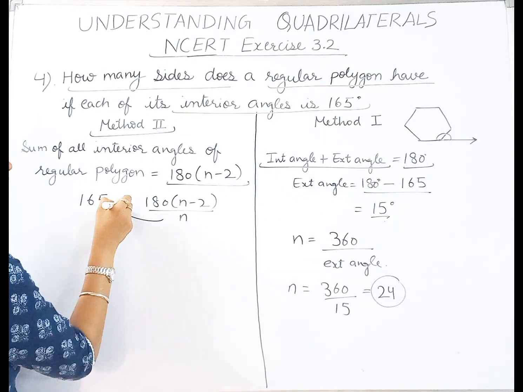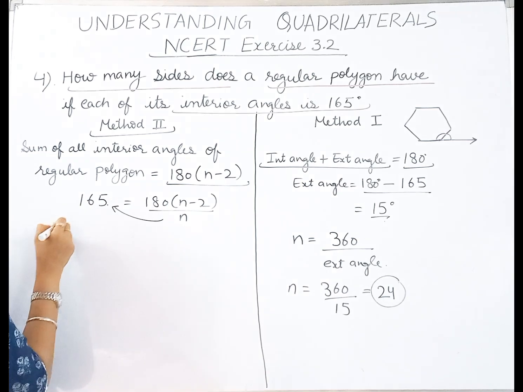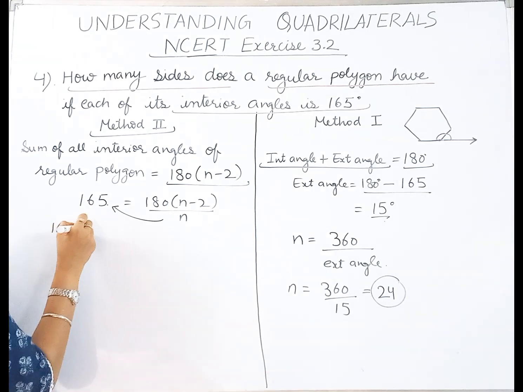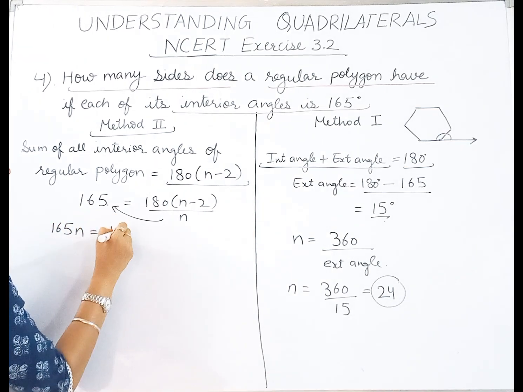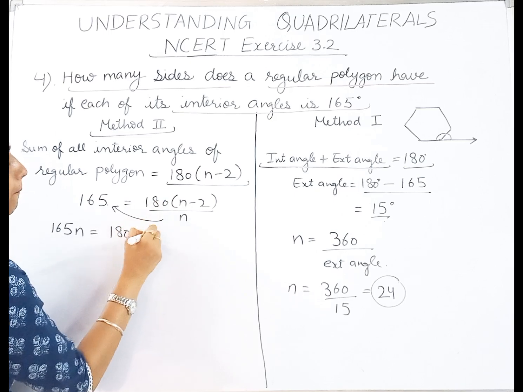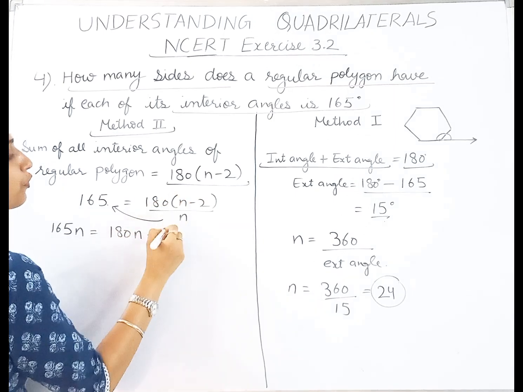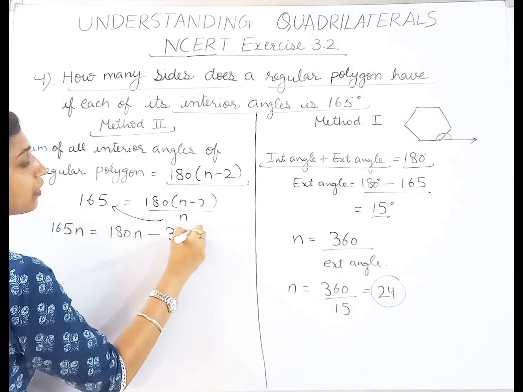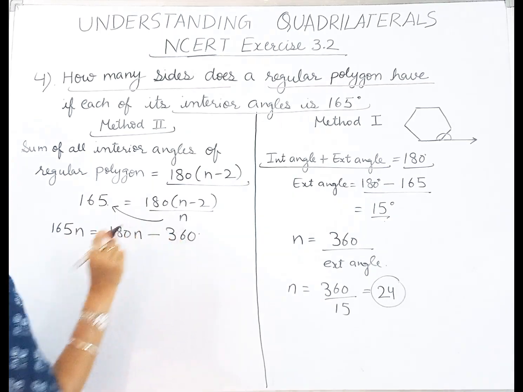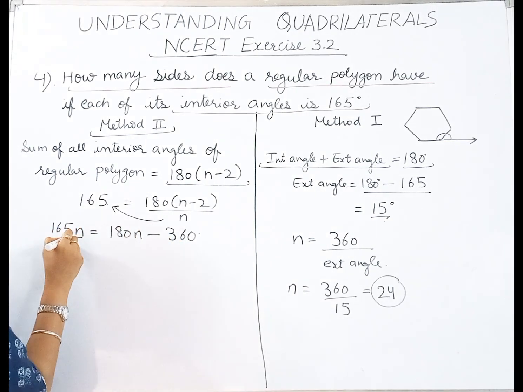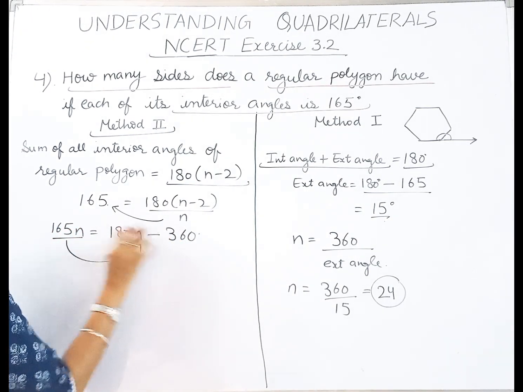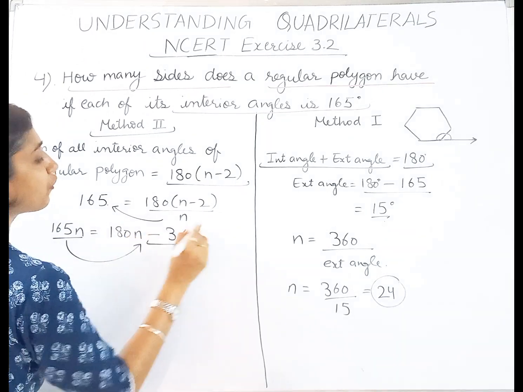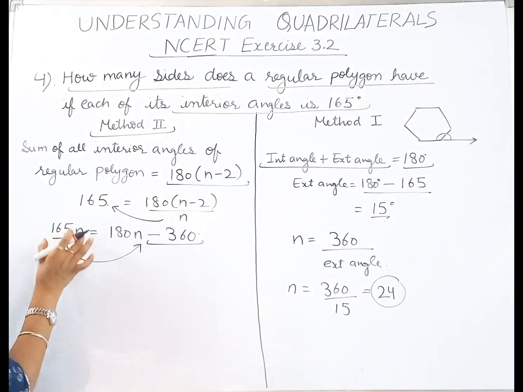So we will take n on the other side and the equation becomes 165n is equal to 180 into n minus 180 into 2, which is 360. In this equation, we will take this 165n on the right hand side and shift minus 360 to the left hand side.